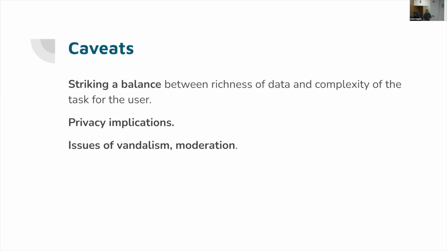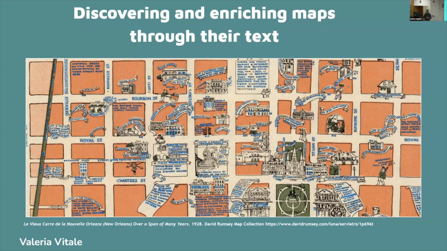There are issues of vandalism and moderation. I think that's mainly the reason why we have pushed the stories off. I think this might simply require more thought. But yeah, I think the possibilities are pretty much endless, and it's just going step by step and seeing how things develop. And with that, I will hand over to Valeria.